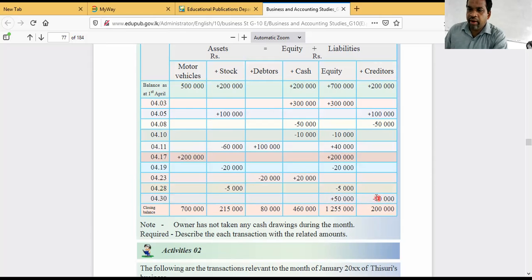We can say owner has paid to settle creditors' due amount by using owner's personal money. That's why there is an increase in equity by 50,000 and a reduction in creditors by 50,000. Then you can easily take closing balances related to each asset and liability by considering plus and minus marks after the opening balance.